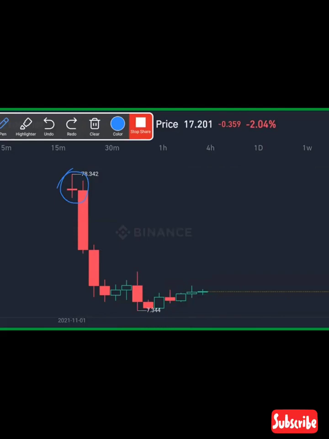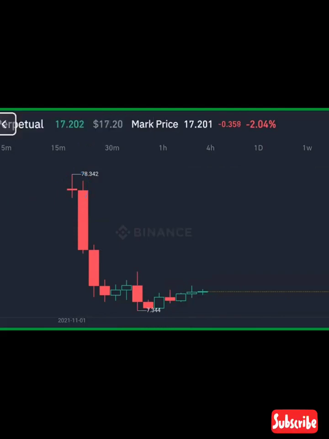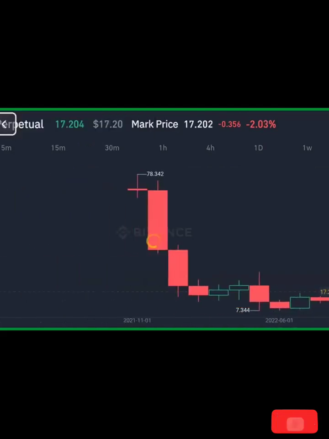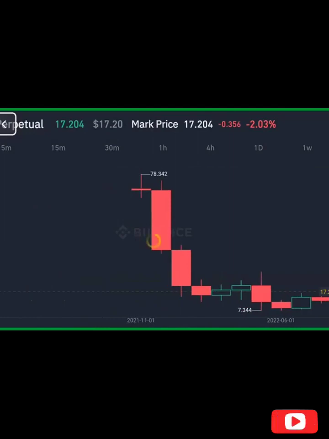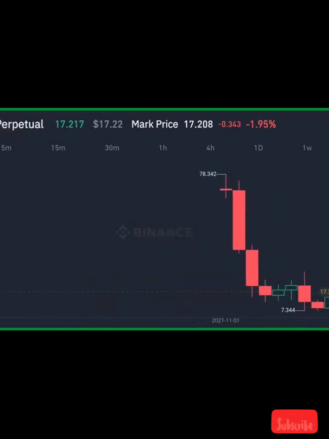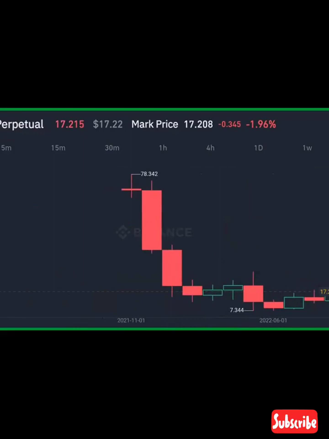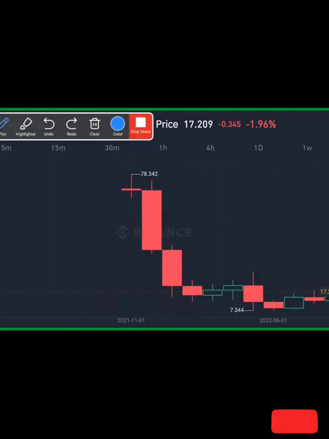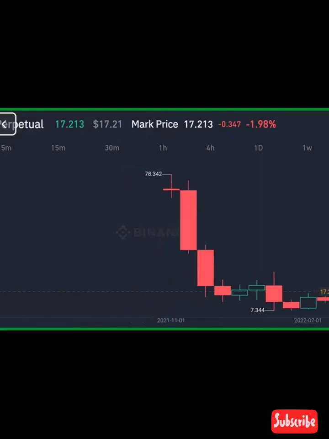Look at that gap. Let me see how I can expand. If it were on TradingView, I would have been able to expand this the way I want and move them around. Look at where price opens and where price closes. So that's a spinning top.